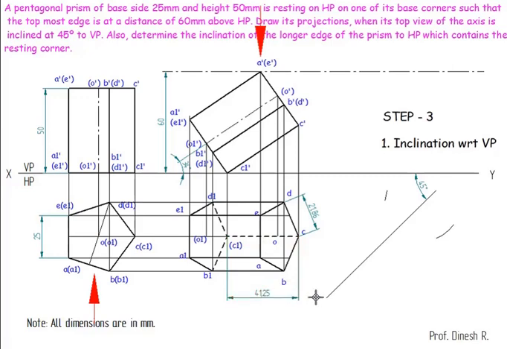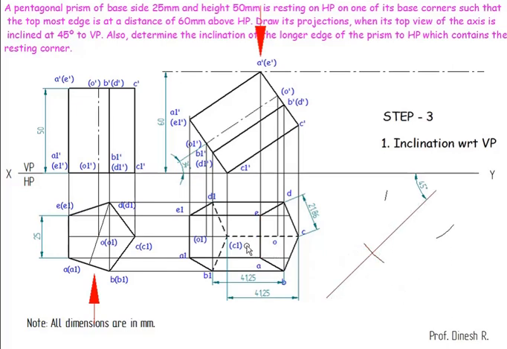If C to C1 is 41.25, then all these edges will be equal to 41.25. This is also 41.25, this one is also 41.25. So now I'll go for drawing. Move to this point. From here I'll cut a point at 41.25.